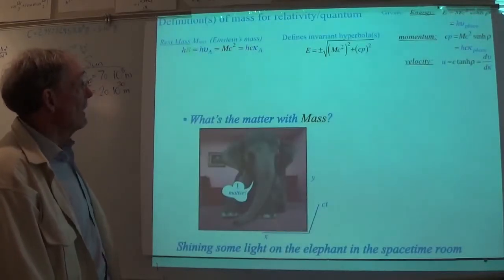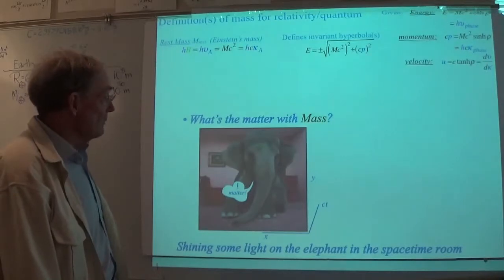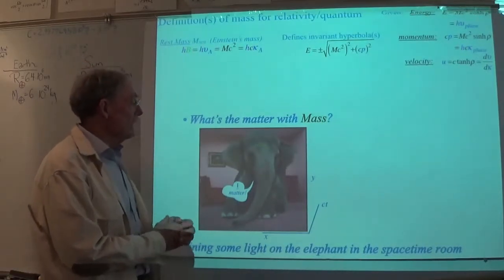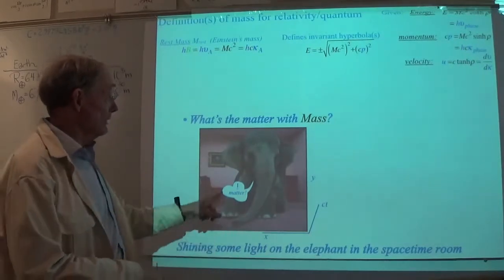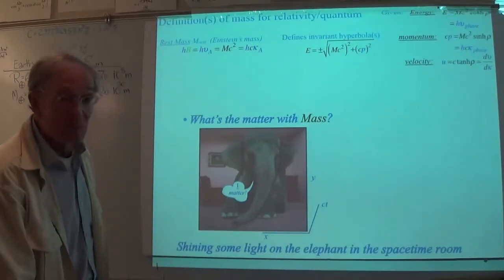But before we do that, I want to talk about what's the matter with mass. What is mass really coming out to be here? And this fellow says, I matter. And does. You can't argue with that fellow.